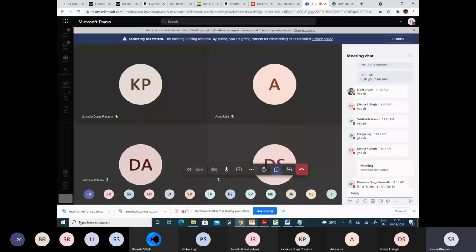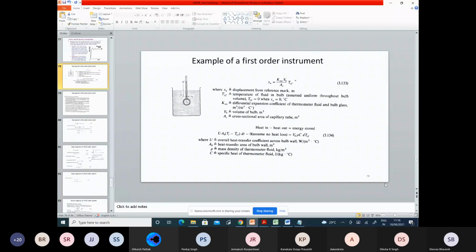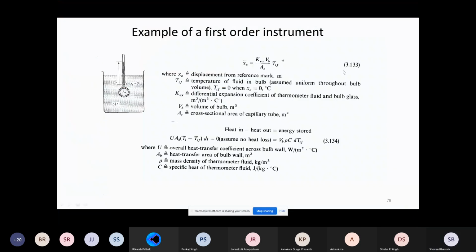We are following the book by Doeblin, where they have derived the transfer function. On the left hand side, if you see, we have a thermometer and a liquid whose temperature is Ti of t, that means it is changing with time. I call that the input temperature.